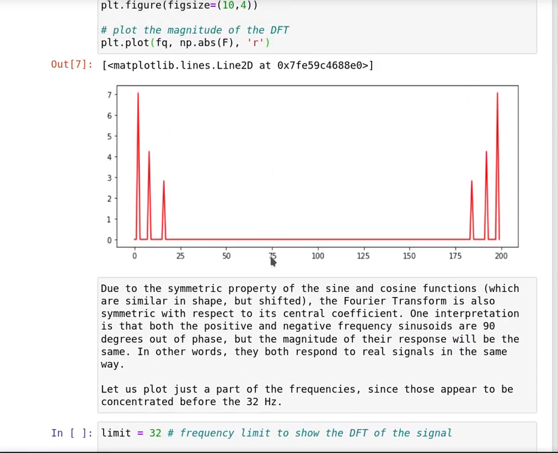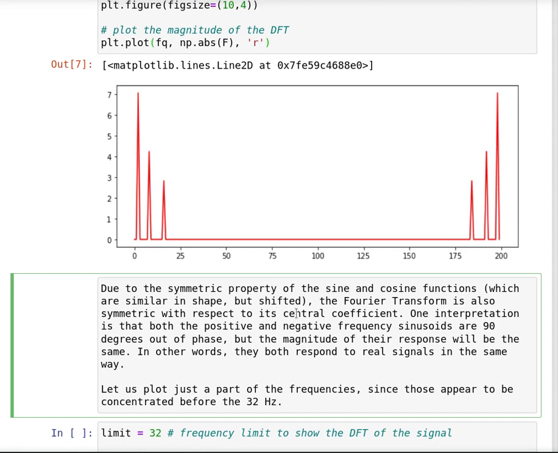Well, because of the symmetric property of cosine and sine functions, the Fourier transform is also symmetric with respect to its central coefficient.